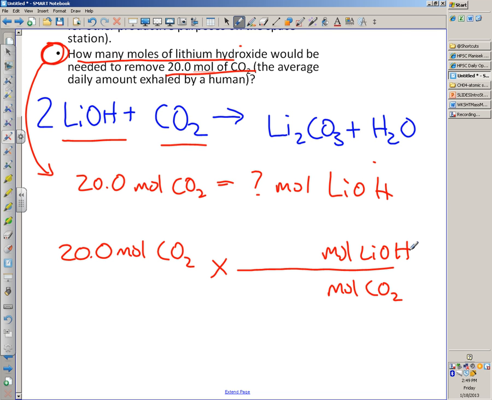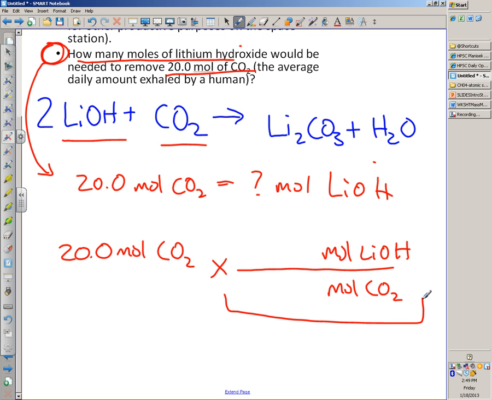Okay? But let's talk about this conversion factor. We've never had a conversion factor before that has a different formula on the top than it does on the bottom. That's okay. Now we have a way to handle it. What did we say was going to show us the relationship or the ratio between the different parts of that chemical equation? Coefficients.